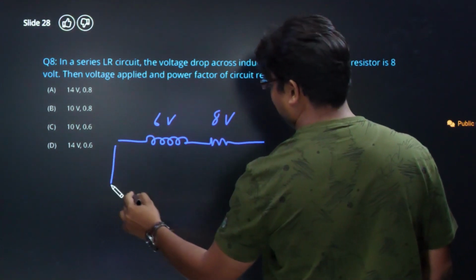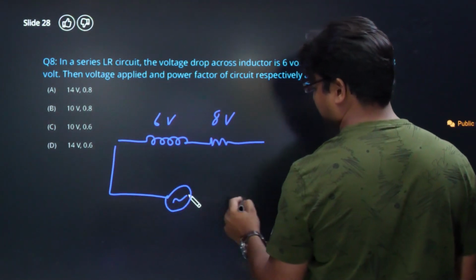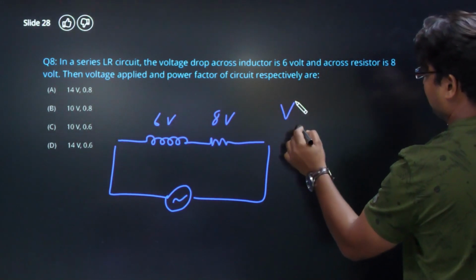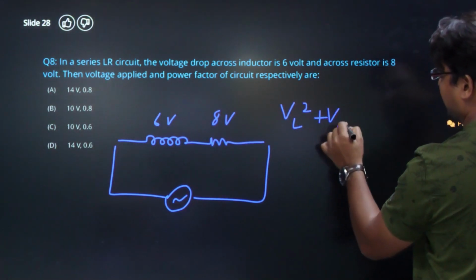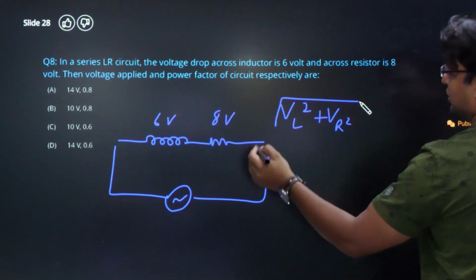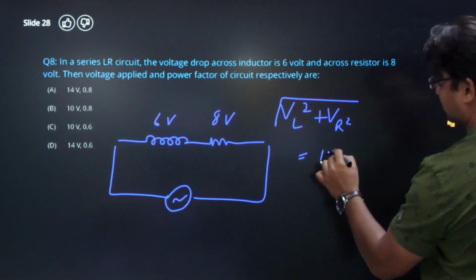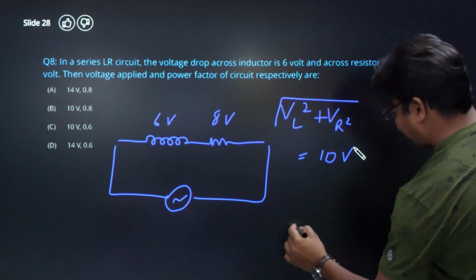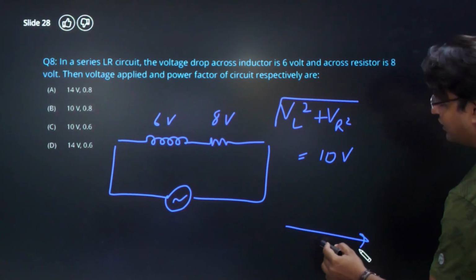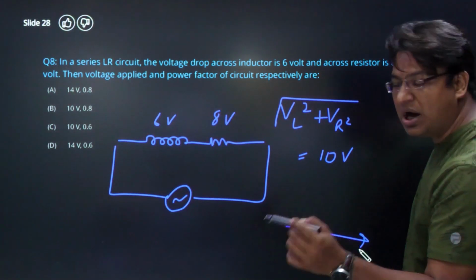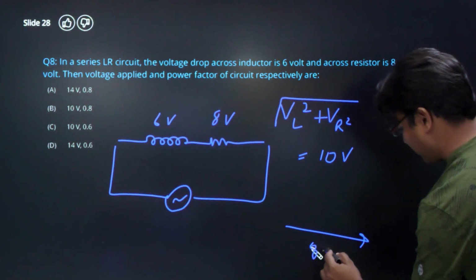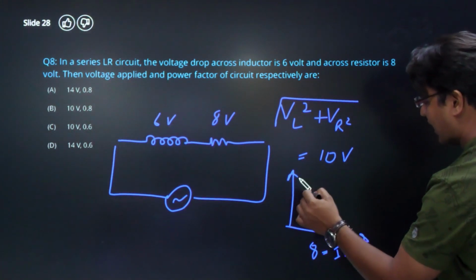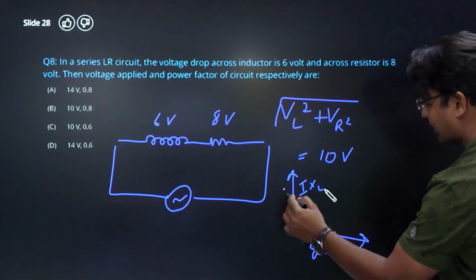Alright, so we know that the voltage of the source will be the square root of VL square plus VR square, so it will become 10. So 10 volt. Now the question asks for the power factor of the circuit. VR indicates I into R, so 8 volt is I into R. VL indicates I into XL, so that is 6.